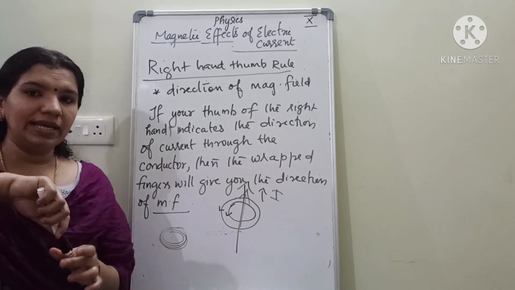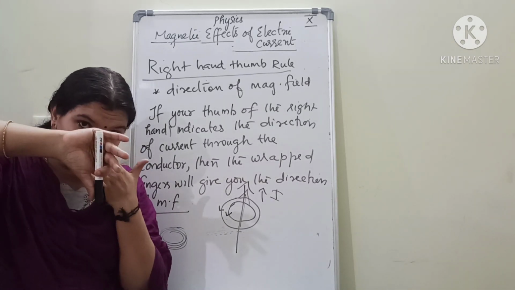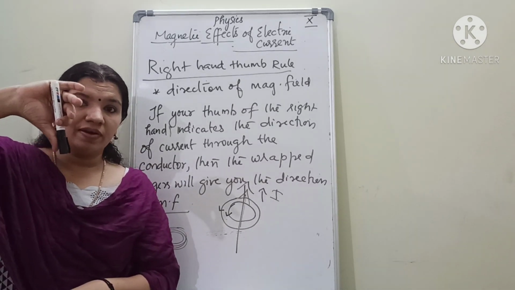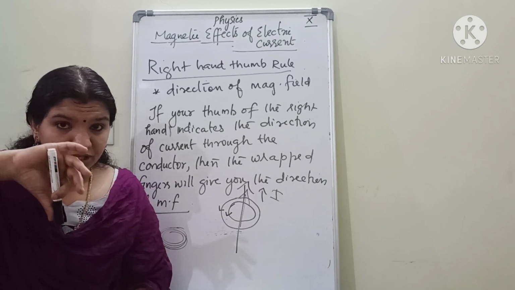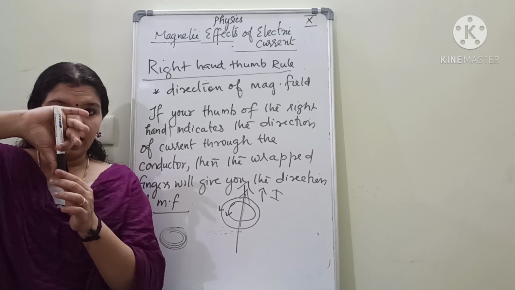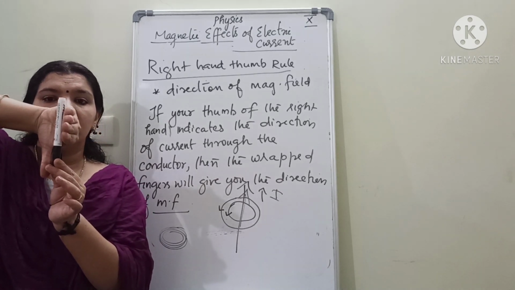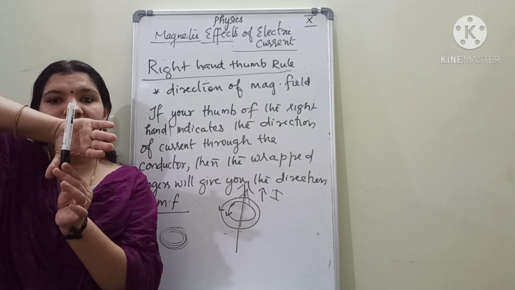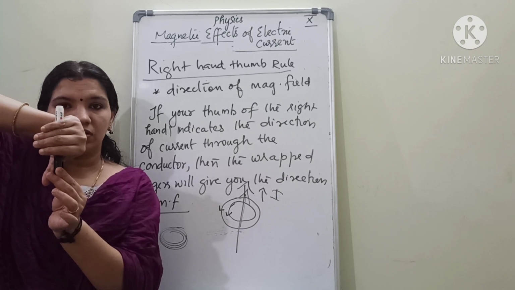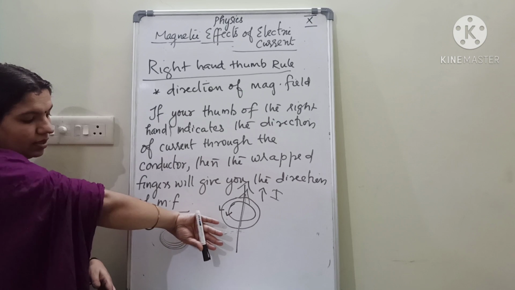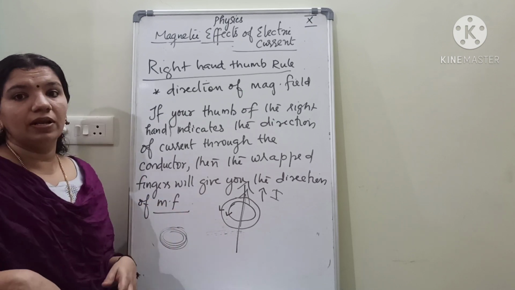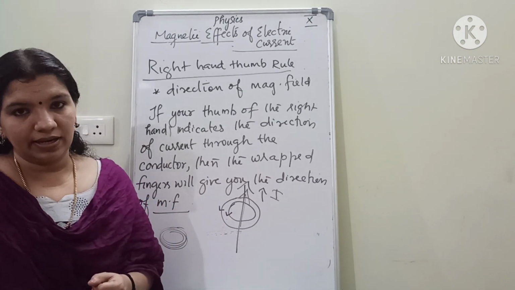Now if I am holding like this again, what will happen? The direction of current is in the downward direction. Now you can see the fingers wrapping around are moving in this direction. That means if the current is like this, the magnetic field will be in the clockwise direction.